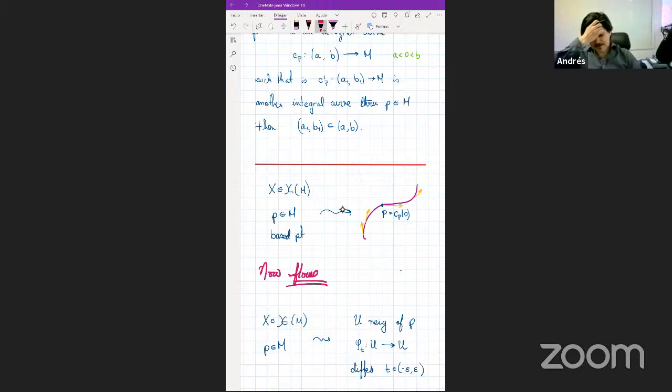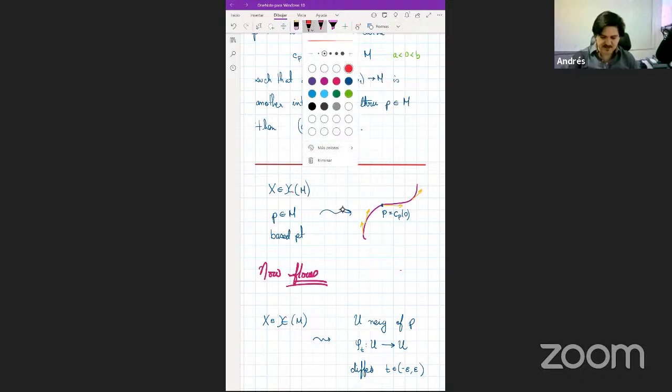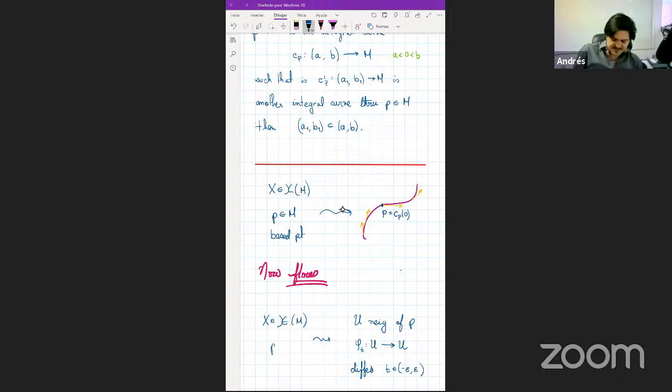Okay, the whole concept of a flow, first let me give you what we are aiming at. So I have a vector field. Well, it is a reference point, so let me keep it. I'm going to take a neighborhood of that point, and we are going to obtain some family of diffeomorphisms.